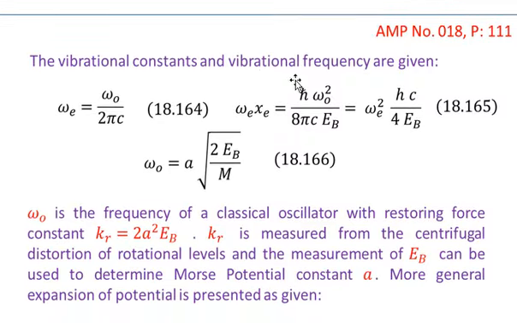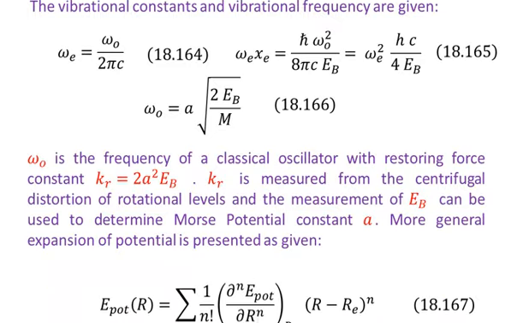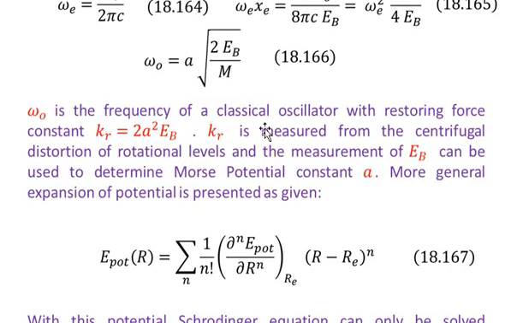The vibrational constants and the vibrational frequencies are given by omega E is equal to omega naught over 2 pi c. Omega E XE is equal to h bar omega naught square divided by 8 pi c times EB, which is equal to omega E square multiplied by hc over 4 times EB, and alpha is equal to the square root of 2 times EB over capital M. Omega naught is the frequency of a classical oscillator with a restoring force constant Kr equal to 2 a square EB.